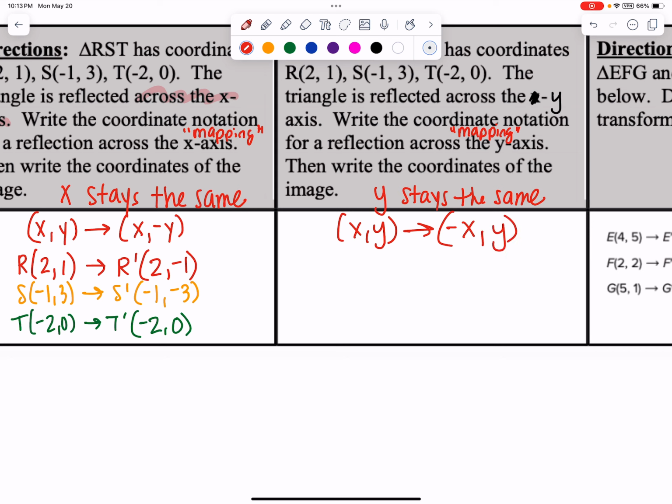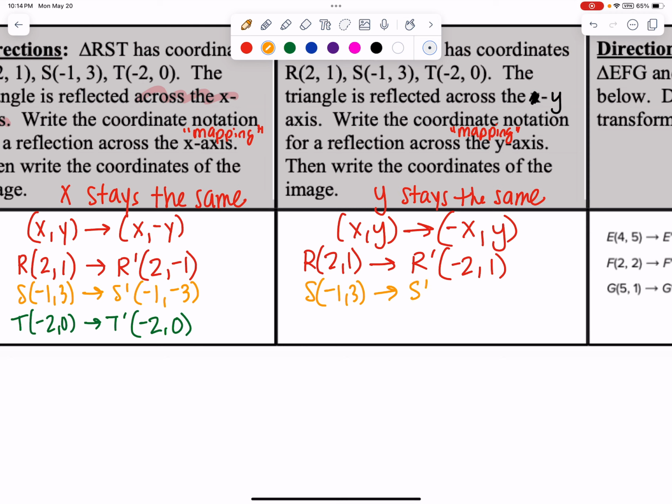Let's go ahead and do it now. Okay, so we have r originally was 2, 1. And what happens to it? Well, r prime, we flip the sign of x, so we have negative 2. And what happens with y? Y stays the same. And what was y? It was just 1. Okay, let's go and do the next one, which is s. S was negative 1, 3. Reflecting over the y, y stays the same.